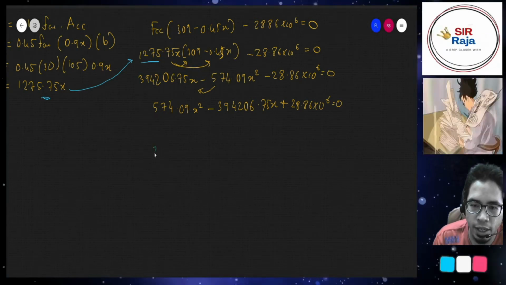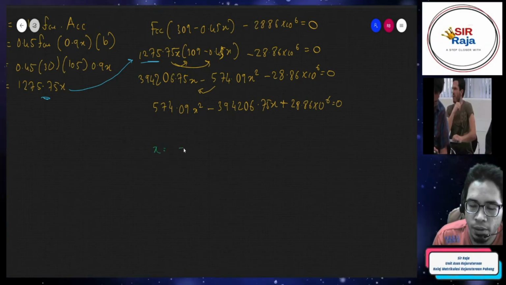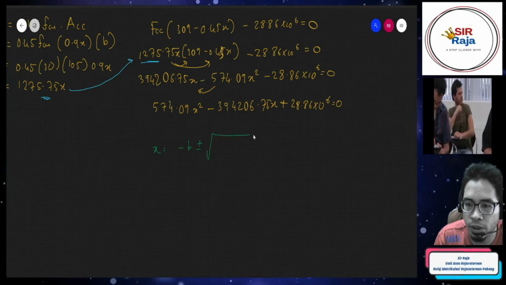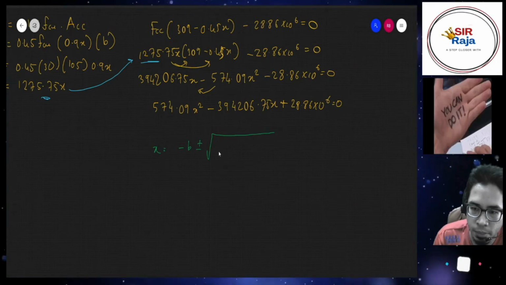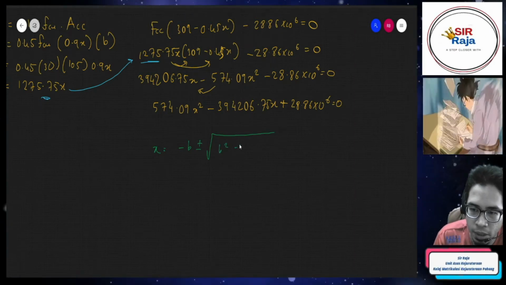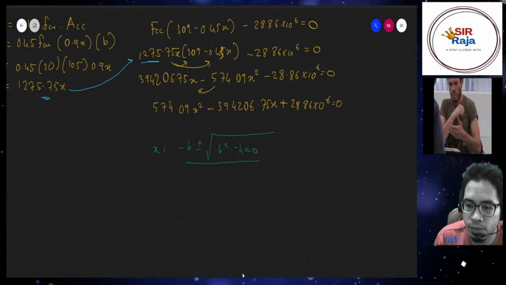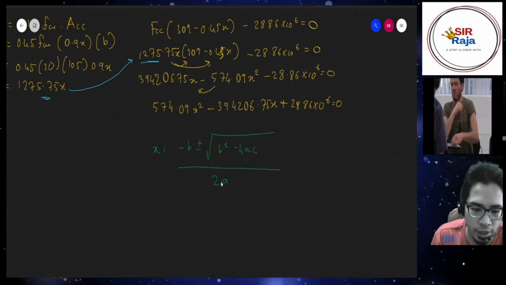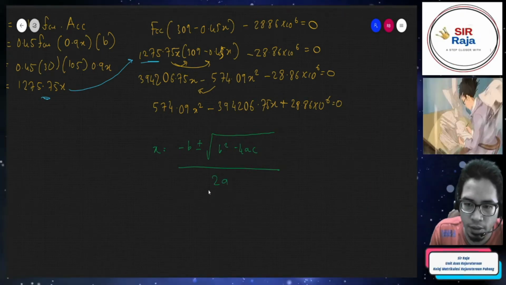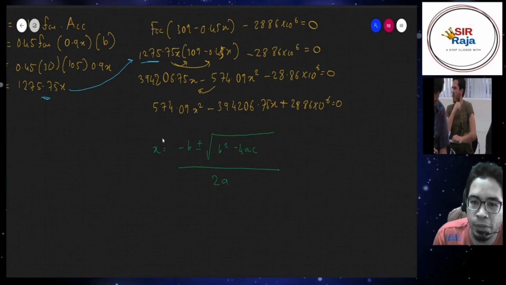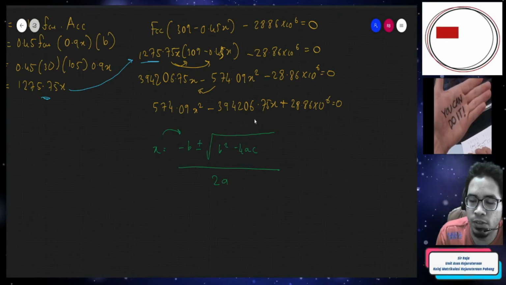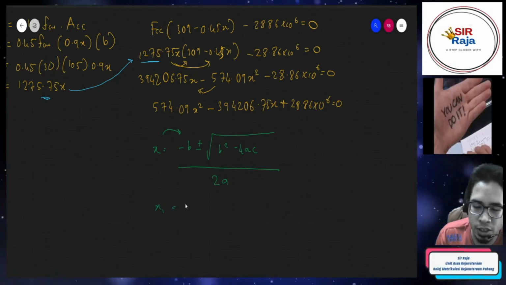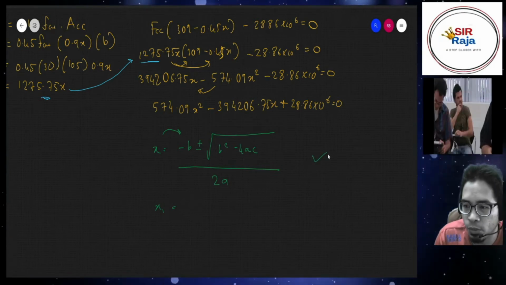Now we're going to get x is equal to negative b plus minus square root b square minus 4ac, divide by 2a. Okay, right. So if you make the replacement here from these values, we're going to get x1 equal to... actually you can just use a calculator, but you have to show this formula here.